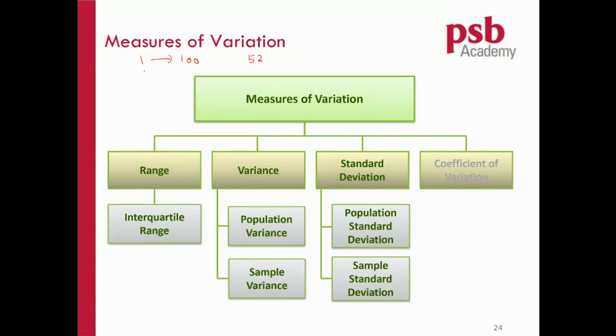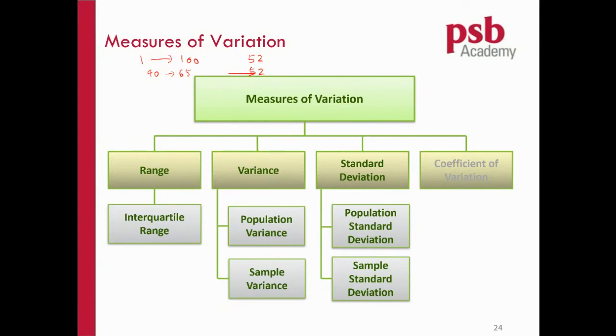The second set of data only ranges from 40 to 62 or 65, and you also get 52 as your average. So what's the difference? It is how spread out the data is that differentiates these two sets of data.